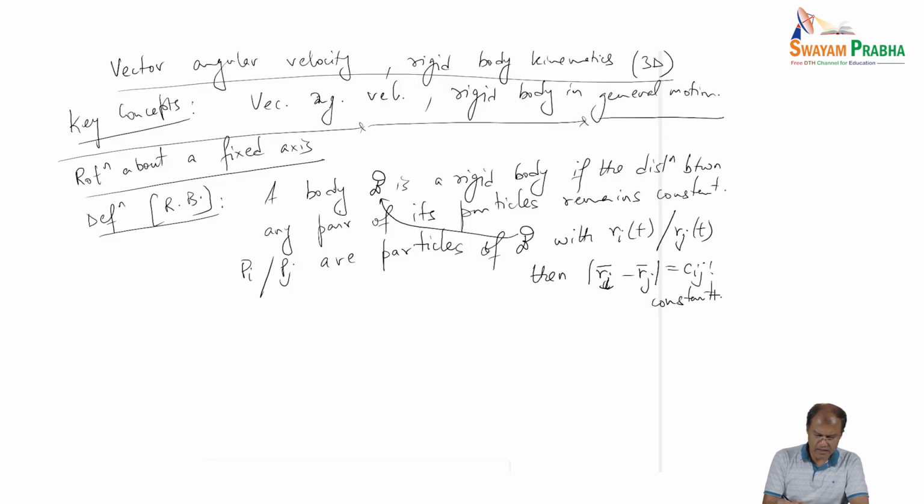Then we can similarly define what angular velocity is. We saw that again for a rigid body B.